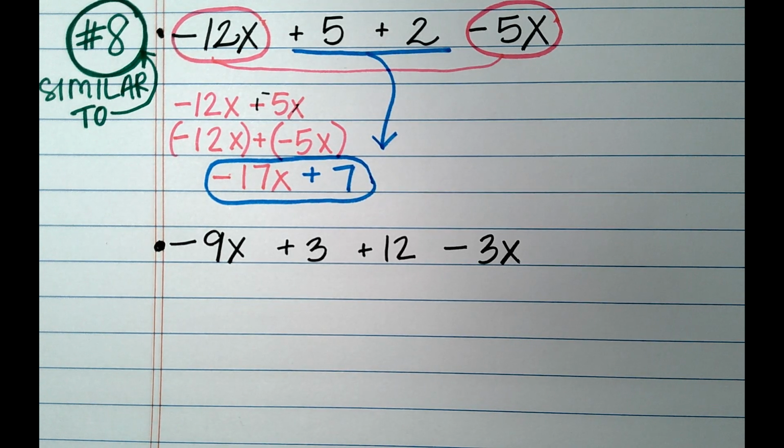Now I've given you another one: negative 9x plus 3 plus 12 minus 3x. Try this one on your own.